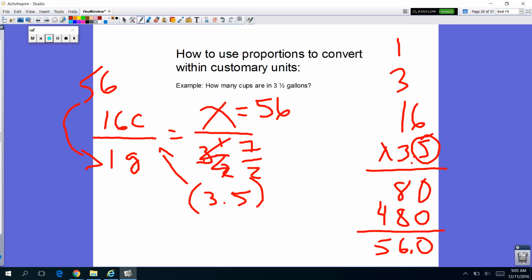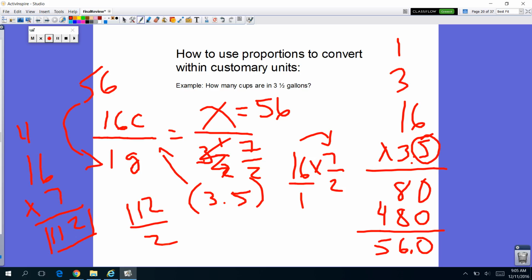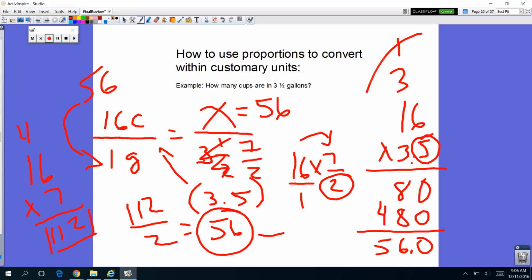See, when you multiply 16 times 7 halves, it's not that hard to do, even though it sounds like it is. 16 times 7 is 112. 112 divided by 2, because that's what that says, would have given me 56. I find that a lot faster than to have to do this part right here. But hey, whatever it takes, right?